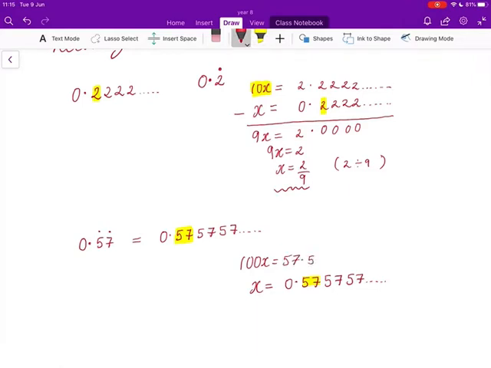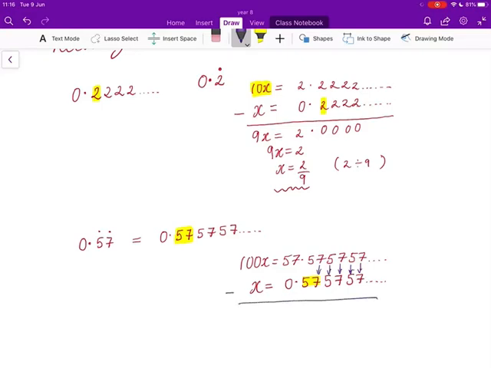So we will then have 57.575757. If you write it fairly neatly, you should find that these two numbers are in line, and you want most of them to be the same as the one underneath.